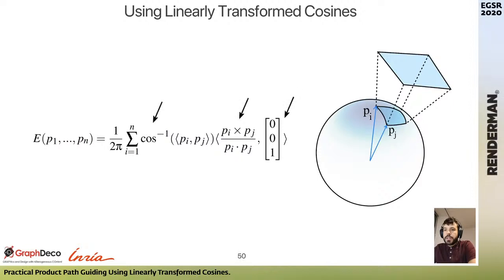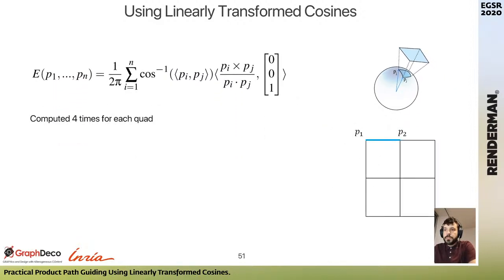You can see that this expression has still quite a few costly computations involving ACOS, cross products and dot products. Also keep in mind that this is computed 4 times for each one of the quads, and then for each one of the quads, so 16 times in total.